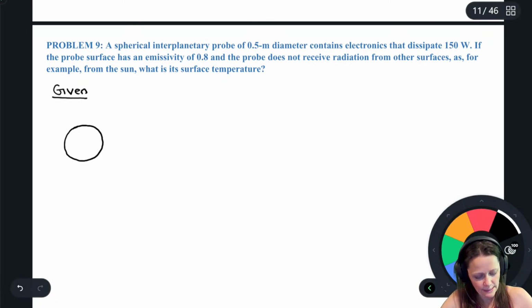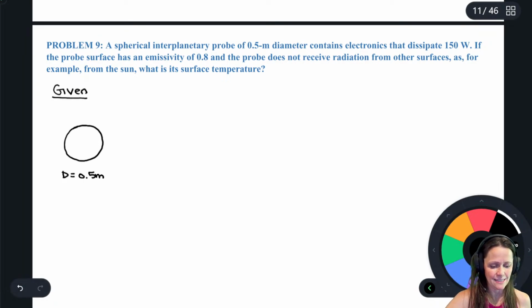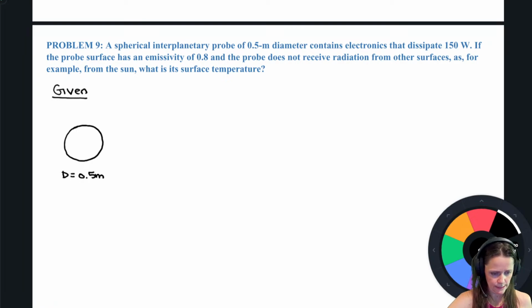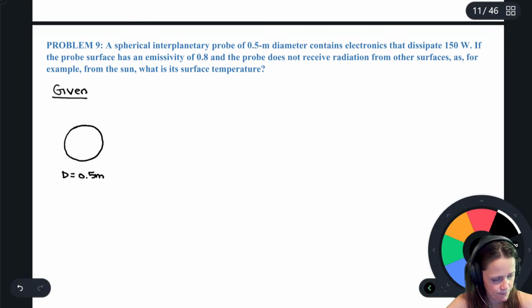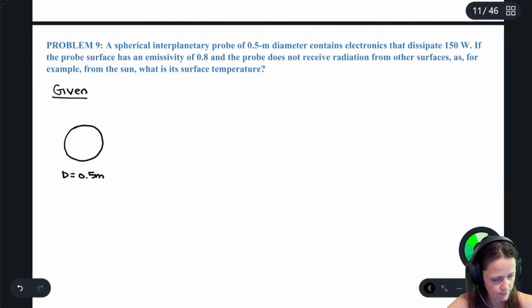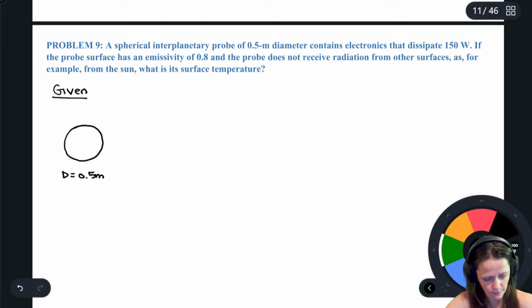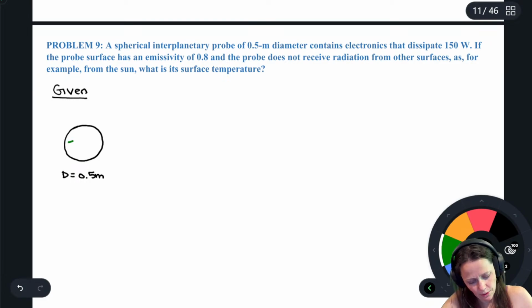And the probe has a diameter, I'm going to put D here, 0.5 meters, and it contains electronics that dissipate 150 watts. So what I'm going to do is call this E dot G. So this is my 150 watts.